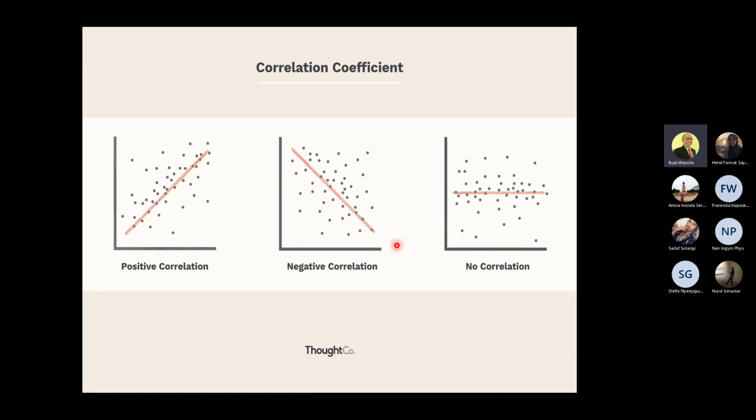And the value of the correlation coefficient in the middle figure is close to -1 because there is a strong and negative relationship between the two variables.